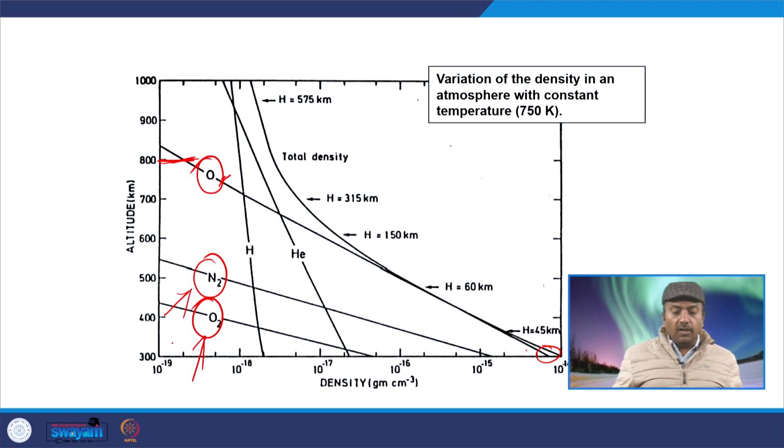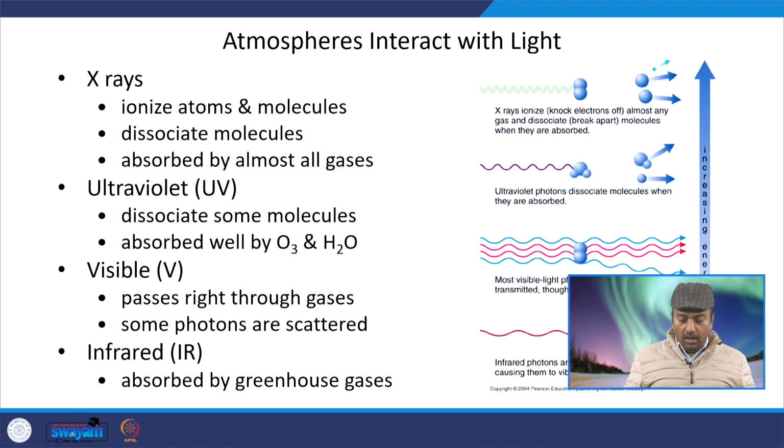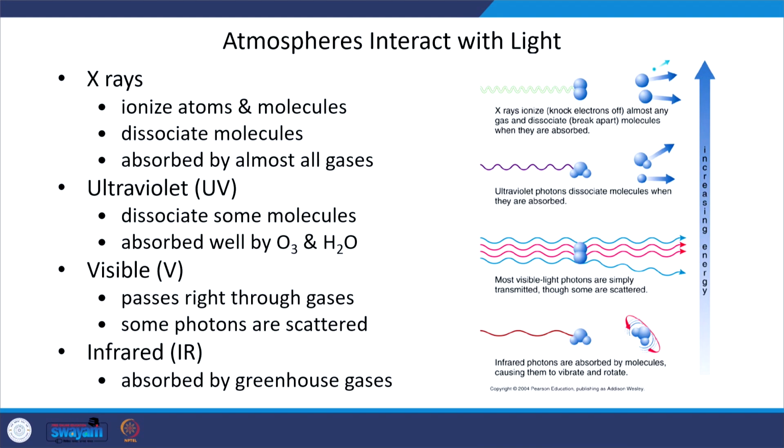This is because of the incoming solar radiation, which dissociates molecules into atoms, right? But in essence, what this figure tells you is the variation of density in an atmosphere with constant temperature, let us say 750 Kelvin. So all these densities are decreasing with respect to height. Right. Now, these are the neutral densities which are available.